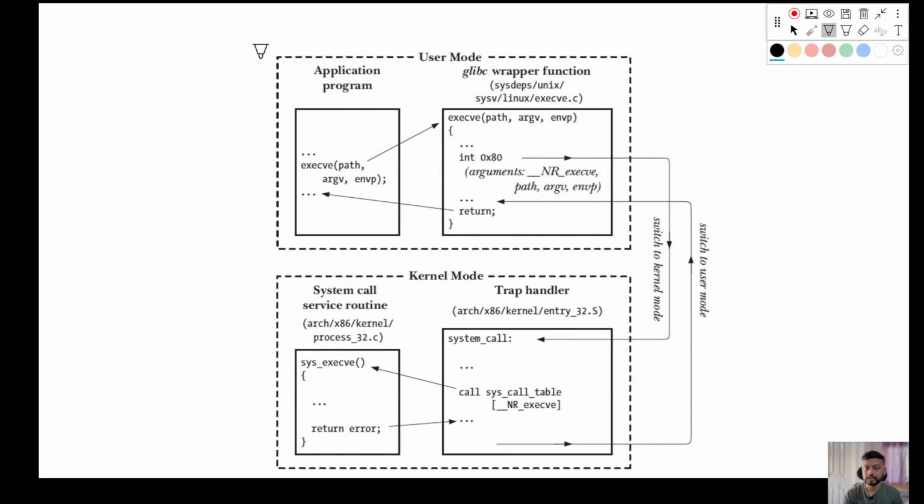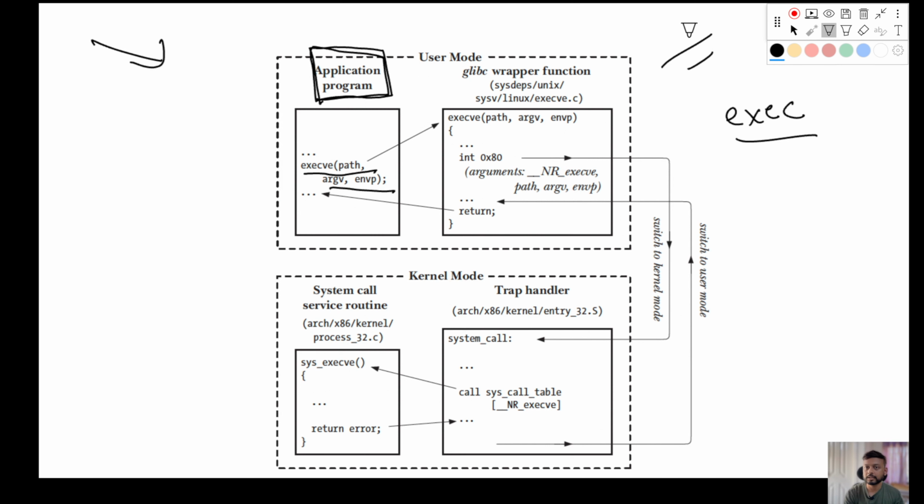This is a detailed diagram as to how a program switches from user space to kernel space. This is the application program which contains the code that the user would have written. This is the function that it is trying to invoke. We have already talked about the exec system call in one of our previous videos.